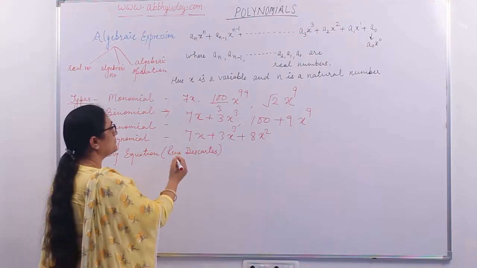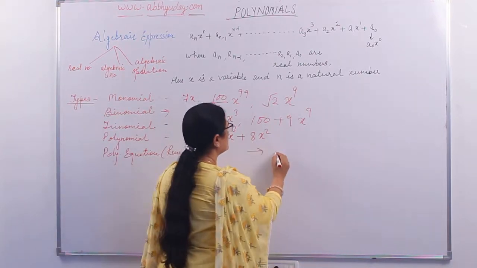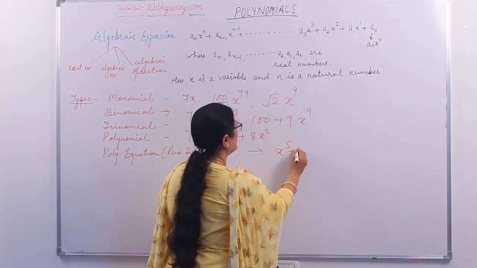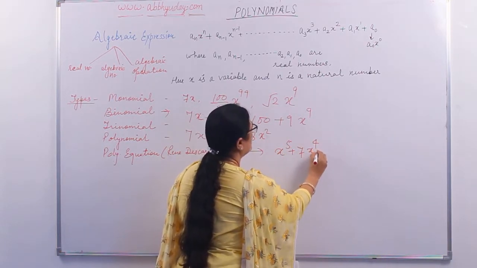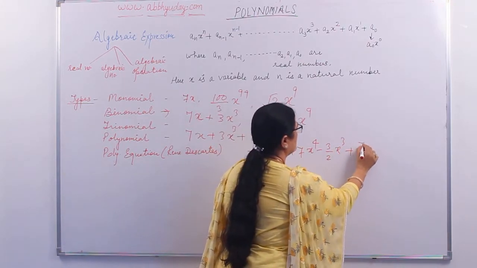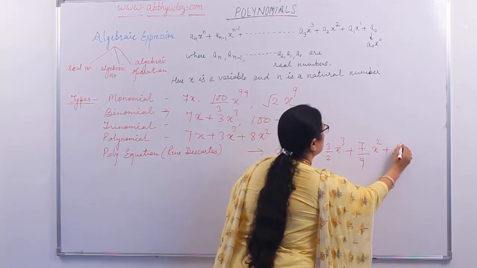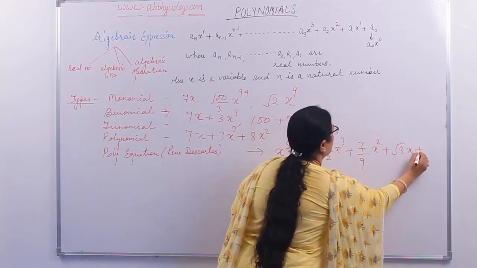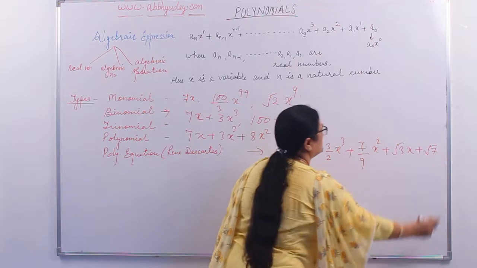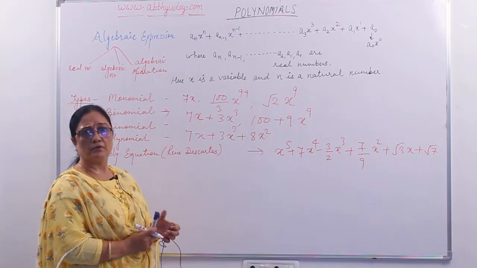Let's write a polynomial of say power 5: x^5 + 7x^4 - (3/2)x^3 + (7/9)x^2 + √3 x + √7. It is a polynomial.